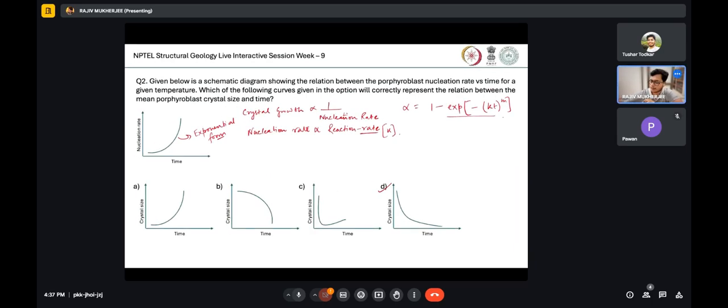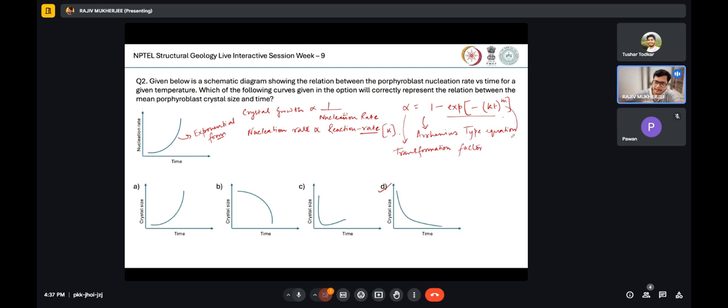Yeah, so as I was saying, this is an Arrhenius type equation where alpha is basically the transformation factor, which simply represents how much the reaction has progressed, right?